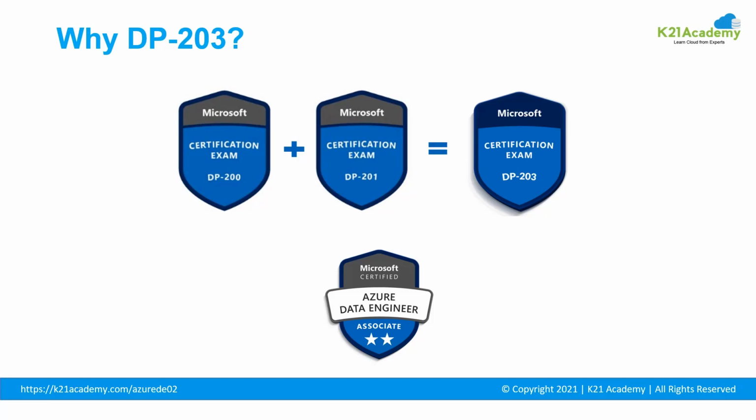But on the basis of feedback received, they merged the two exams and launched the DP-203 exam for Azure Data Engineer. DP-203 certification is the next level version of Implementing an Azure Data Solution, which is DP-200, and Designing an Azure Data Solution, which is DP-201.